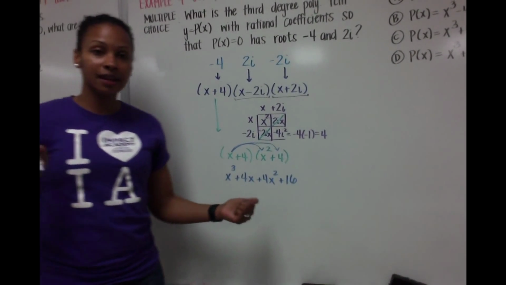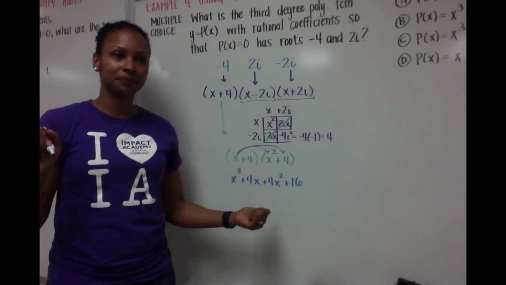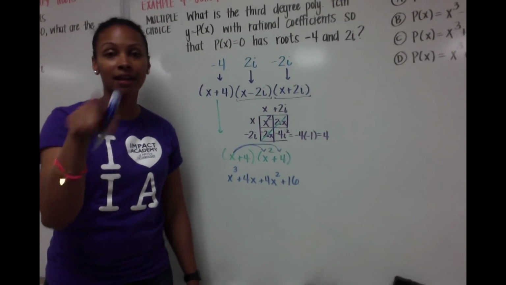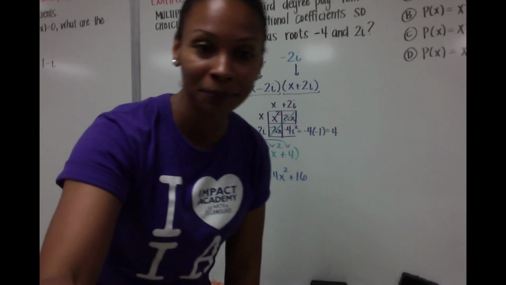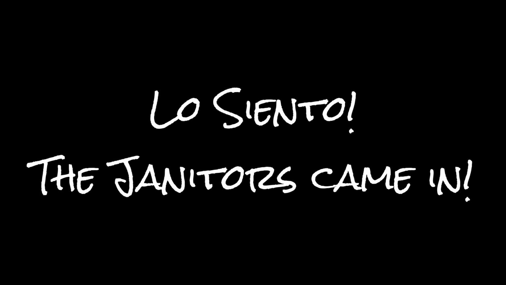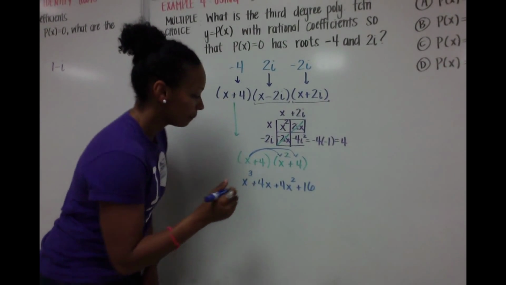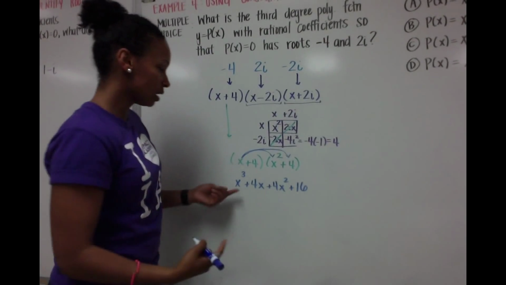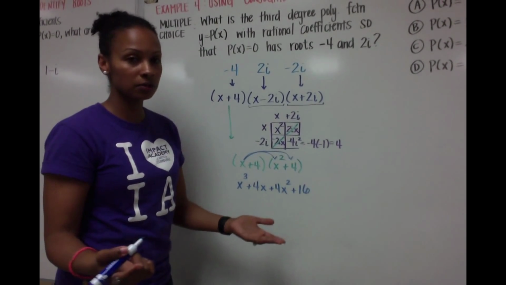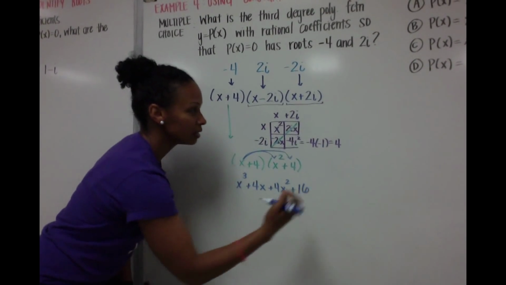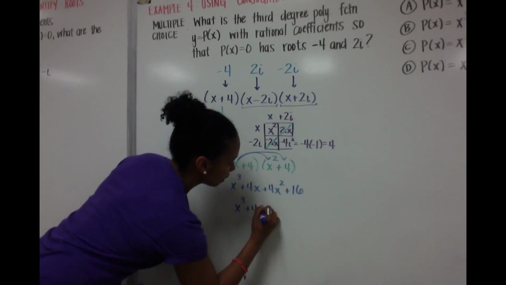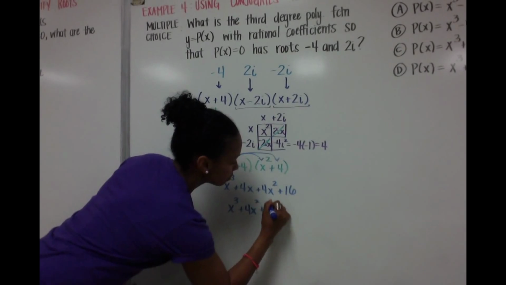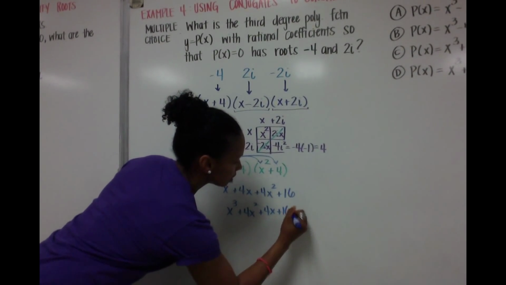Is this in standard form? You should have definitely said no. None of these can be combined because they're all different terms, so we're going to rewrite it in standard form: x cubed plus 4x squared plus 4x plus 16.